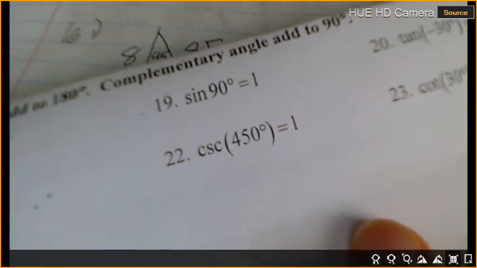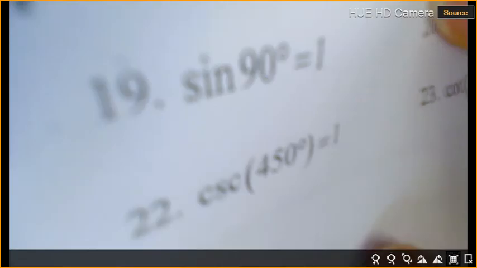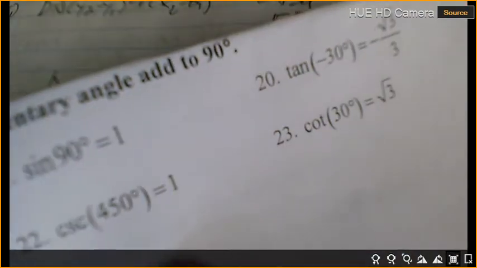Number 22 is 1. And number 23 is square root 3.